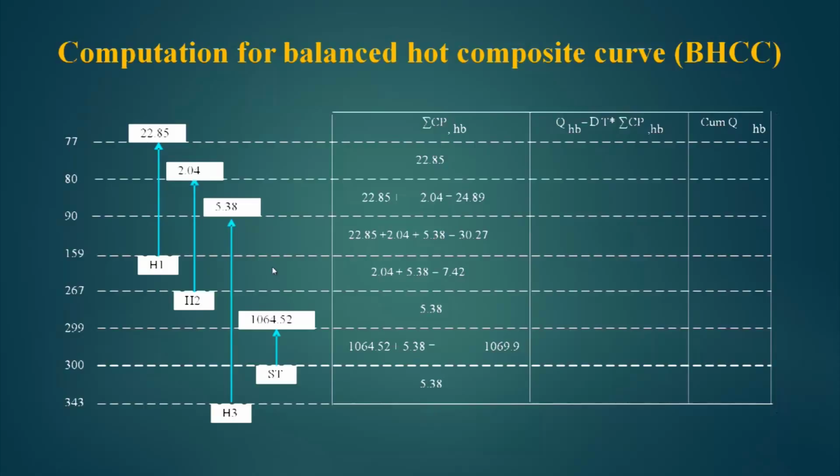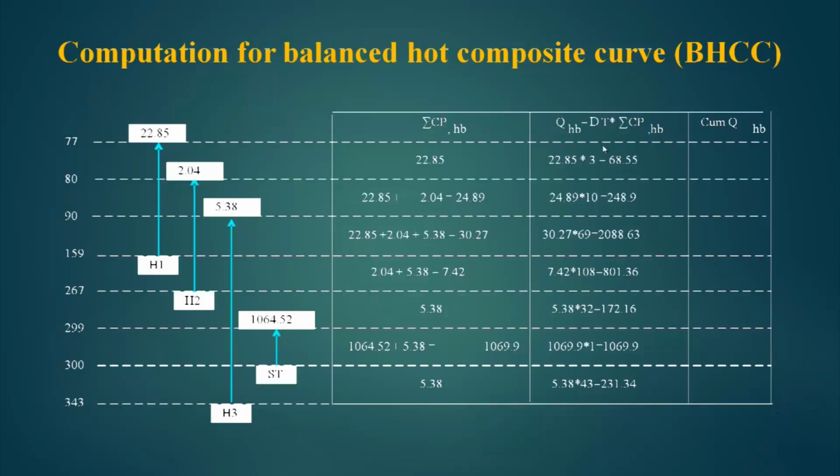Then we have to calculate the QHB values. This is calculated as the delta T, which is 3 degrees here from this level to this level, times the Cp value. So, it comes out to be 68.55, and for this the delta T is 10 and the summation of the Cp value is 24.89. So, 24.89 into 10 is 248.9.